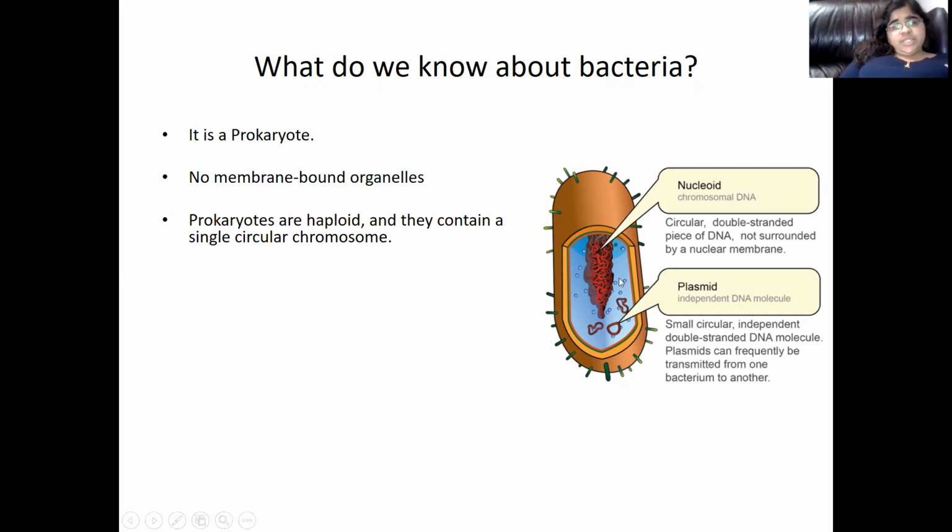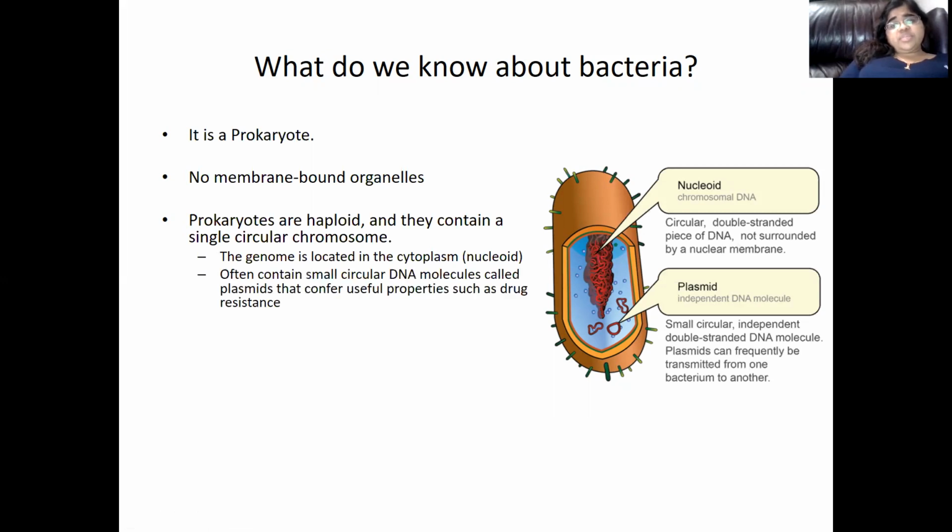So here you can see the single chromosomal DNA called the nucleoid. It lies in the cytoplasm. In the cytoplasm itself, you also have small circular DNAs called plasmids, and these are actually independent DNA molecules from the chromosomal DNA, right?